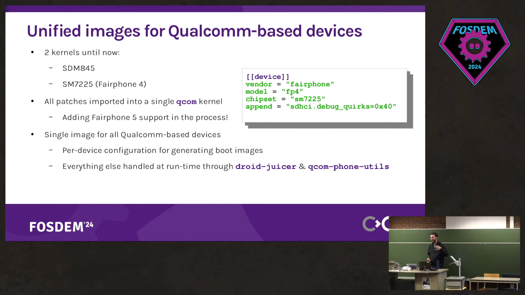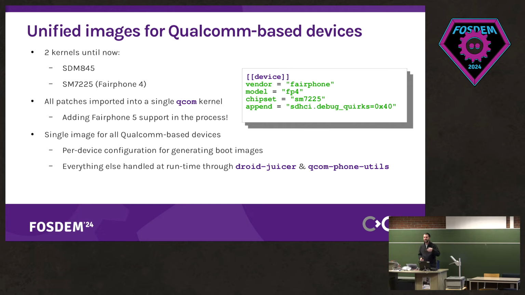And so we have a single image for all Qualcomm devices, and we just use a simple config file at build time to generate the boot image for the device, because although the root file systems are identical, the boot images are really device specific because they need to have the device tree appended and specific RAM disk and so on.